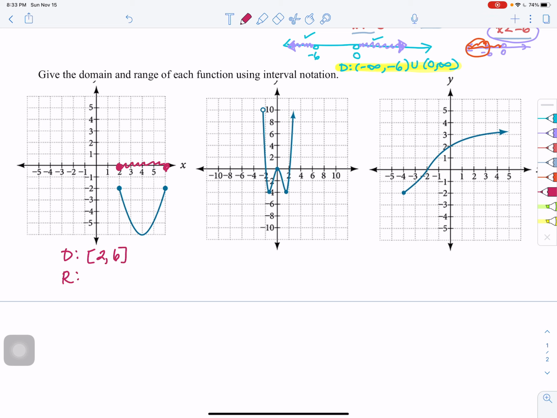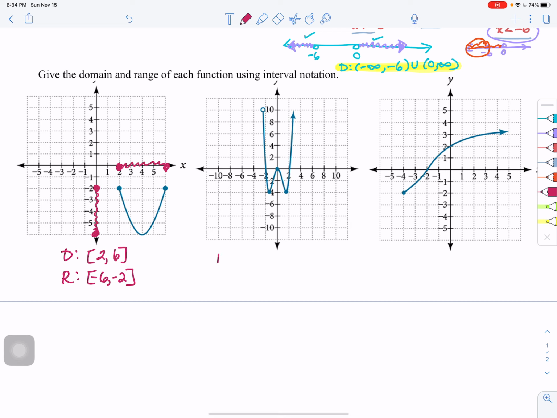Now look at the range. The range is going to take us from negative 6 all the way to negative 2. And we have closed circles, so we want to include those. So the range starts at -6 and goes all the way to -2. That's it.